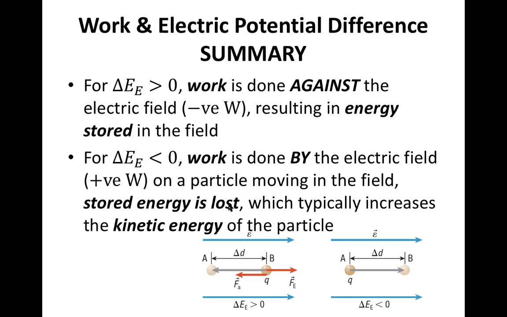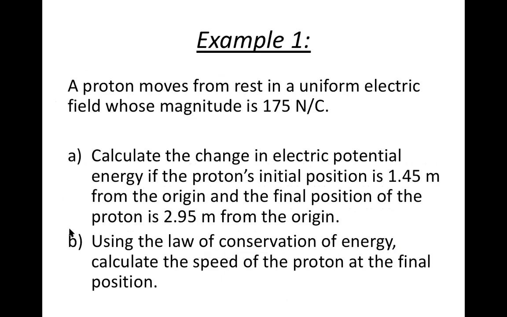Stored energy is lost, which typically increases the kinetic energy of the particle. So that's like when we let go, it typically accelerates towards the negative side. So this is like the ball in free fall, and this is we are putting in work to oppose the electric field, and we're lifting up the ball.